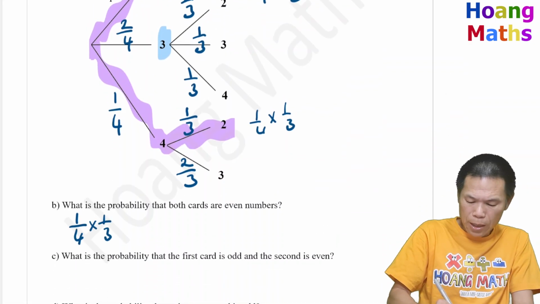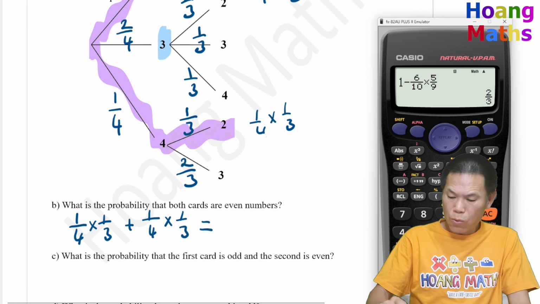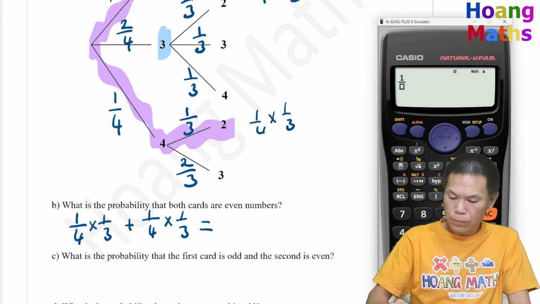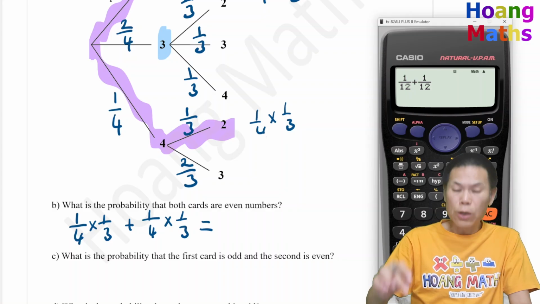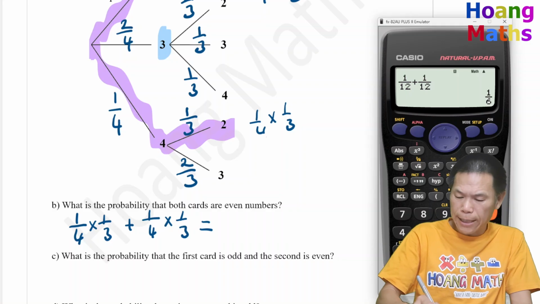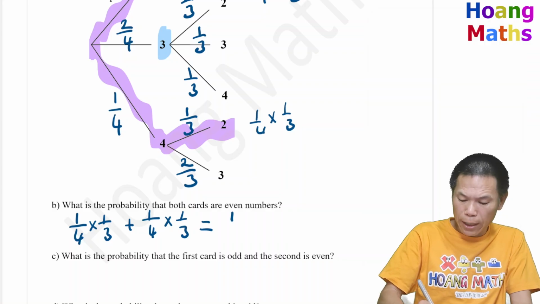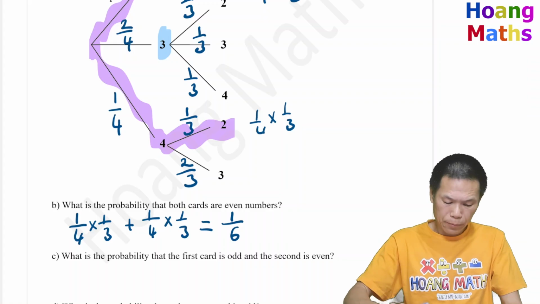Because a quarter times a third is 1/12, we just add 1/12 and 1/12. Otherwise, just put exactly how it is on your calculator. So the answer is 1/6.